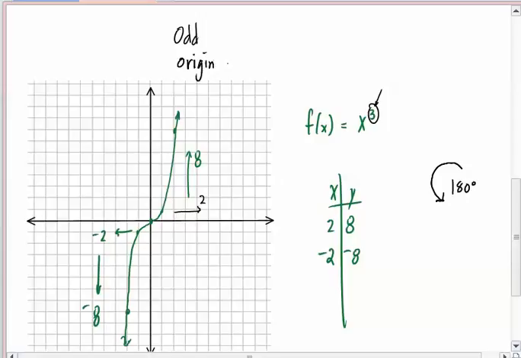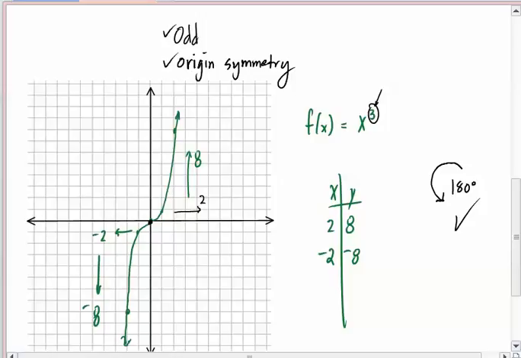We call this origin symmetry. And it's point symmetry, not line symmetry. We say that's origin symmetry because it's rotating around the origin. And if I actually do rotate this green thing, it would land on itself 180 degrees later. It would print the same picture. It wouldn't create a new picture.